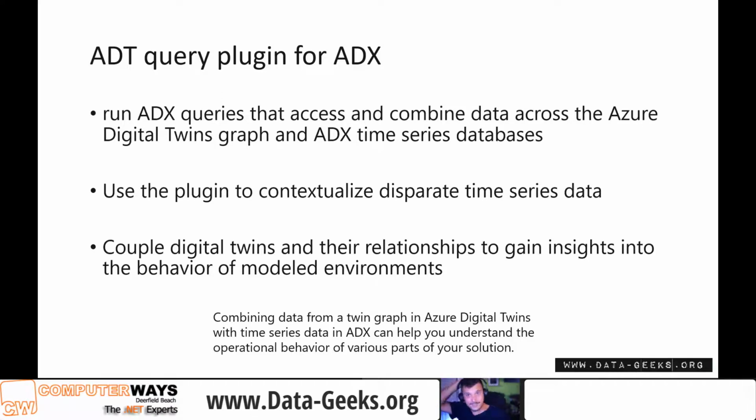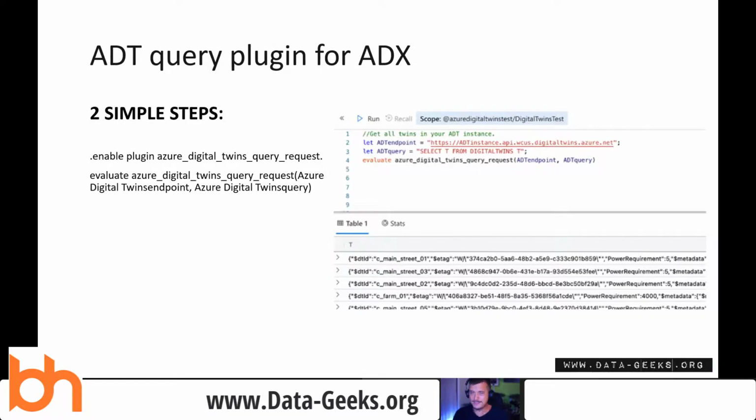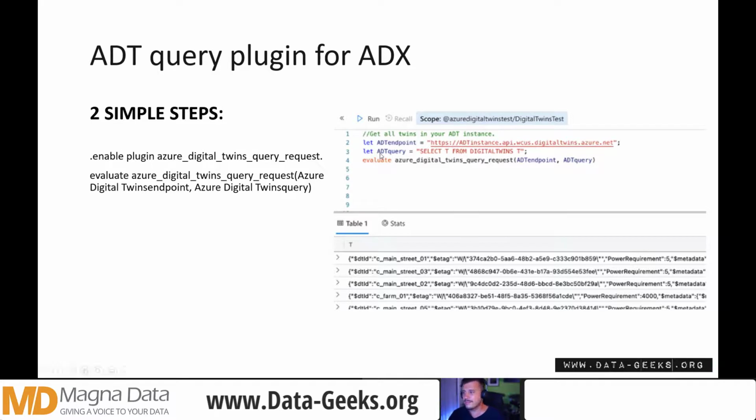And so there is a plugin that can link together these two services. It is extremely simple. In your query environment, you have to put two variables. The first one is the endpoint, the ADT endpoint.